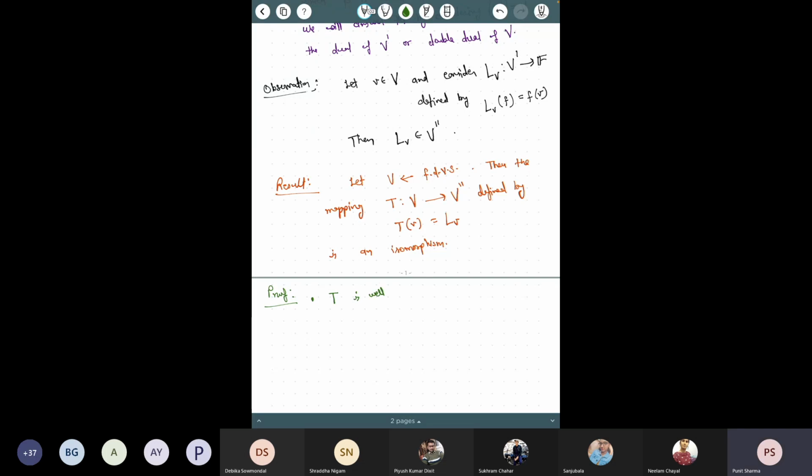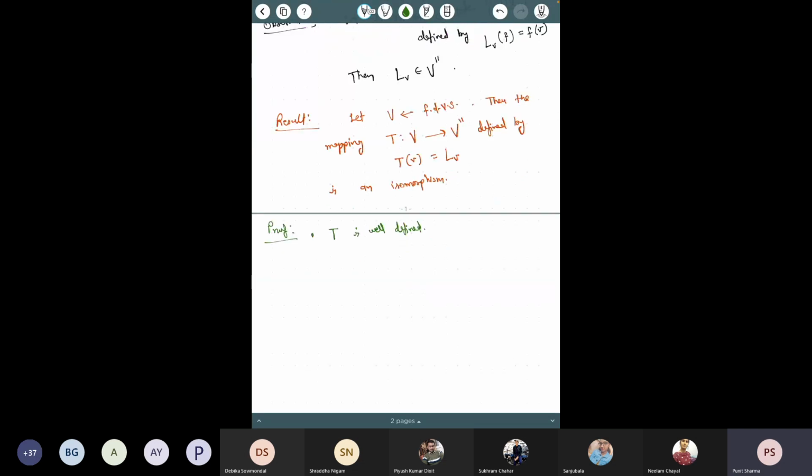Now, how do we check that T is well defined? By definition, you just take two vectors V and W and say that V is equal to W. And using this, you show that T of V is equal to T of W. That means L subscript V is equal to L subscript W. This is what you want to show. Now you tell me how to do this from this step to the next step.